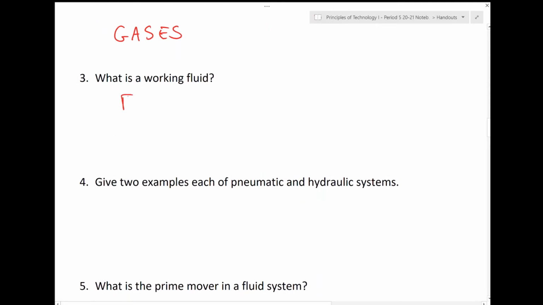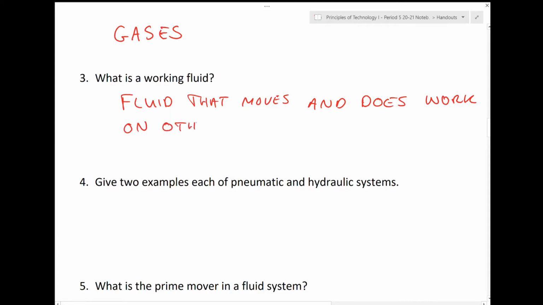It is the fluid that moves and does work on other parts of a fluid system.